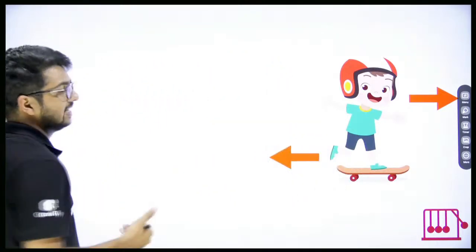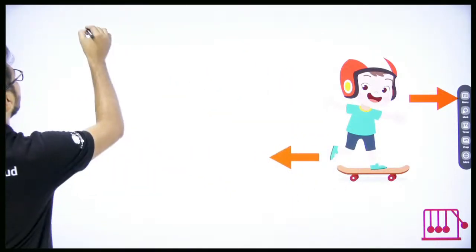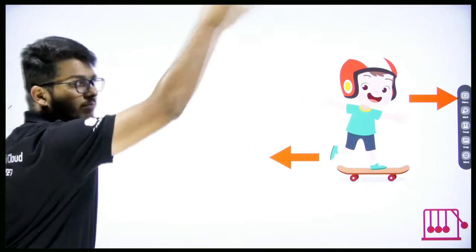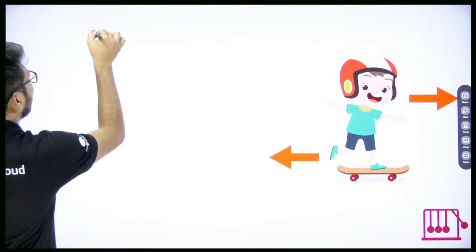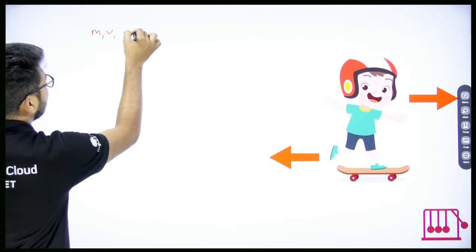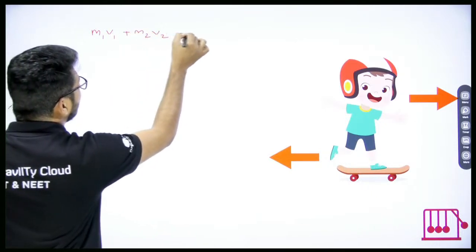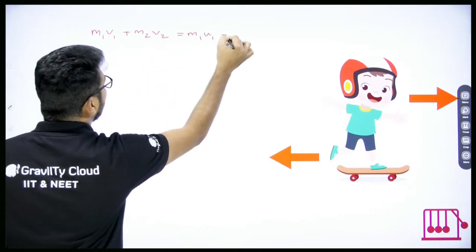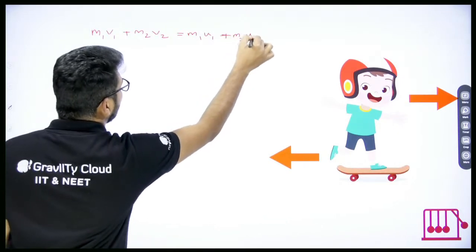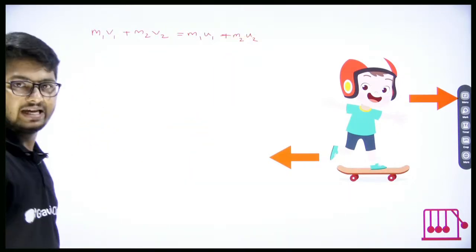So what is the equation for conservation of momentum? According to conservation of momentum, M1 V1 plus M2 V2 is equal to M1 U1 plus M2 U2. That is the equation.